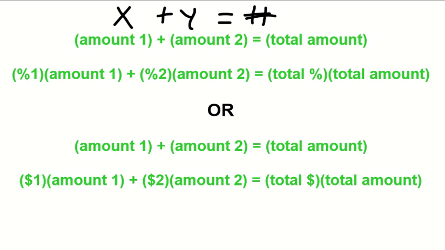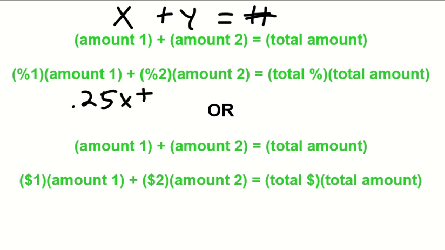All right. The second equation still is going to look the same on either of these types, whether it's money or a percentage. If it's a percentage, you want to use the decimal value for the percentage. So if it was 25%, you would do 0.25x.